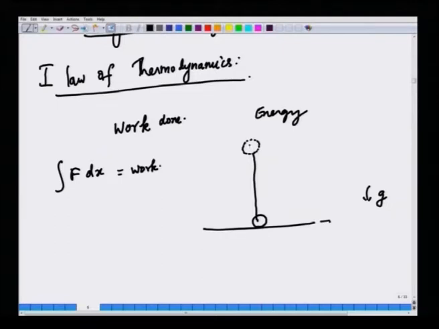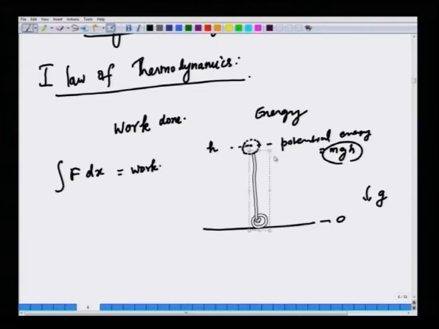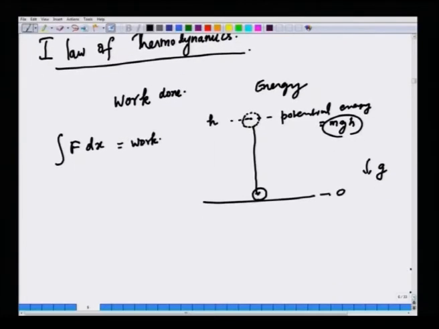Well, the work done has gone into increasing its gravitational potential energy, because it is now at a higher position h compared to its initial position, which is 0. So, this potential energy gained is essentially mgh, and that must be the work done in moving the ball from the ground level to a particular height h. So, this notion of work done and the equivalence of work and energy is very familiar in mechanics.